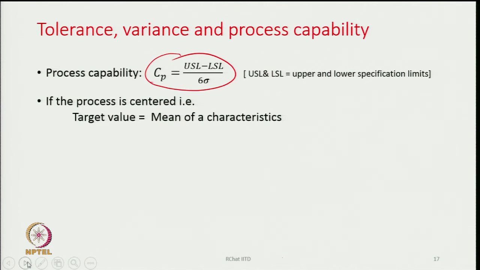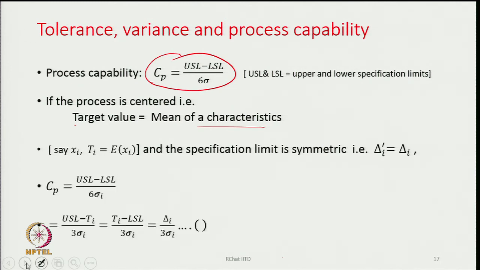If the process is centered, that is, the target value and the mean of the characteristic are exactly the same, then Cp, which is USL minus LSL by 6 sigma, can also be written as USL minus Ti by 3 sigma, or Ti minus LSL by 3 sigma. What is Ti?